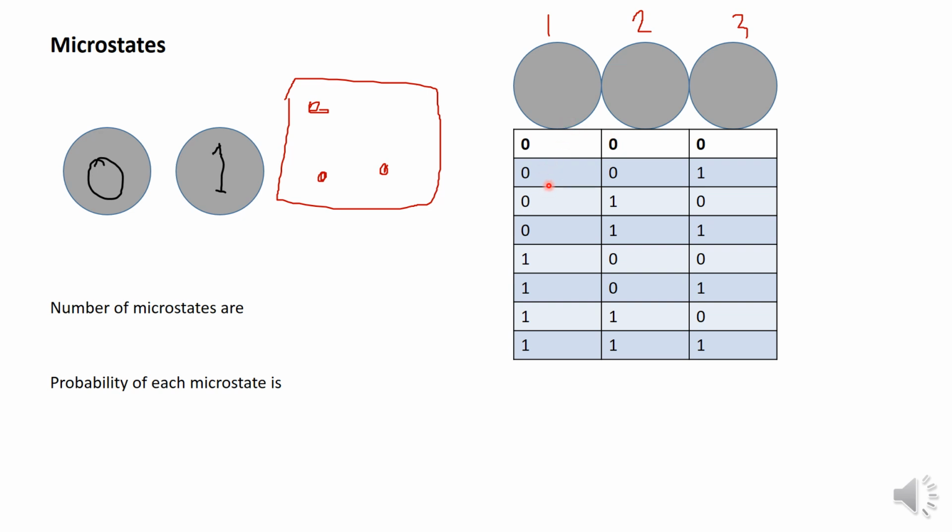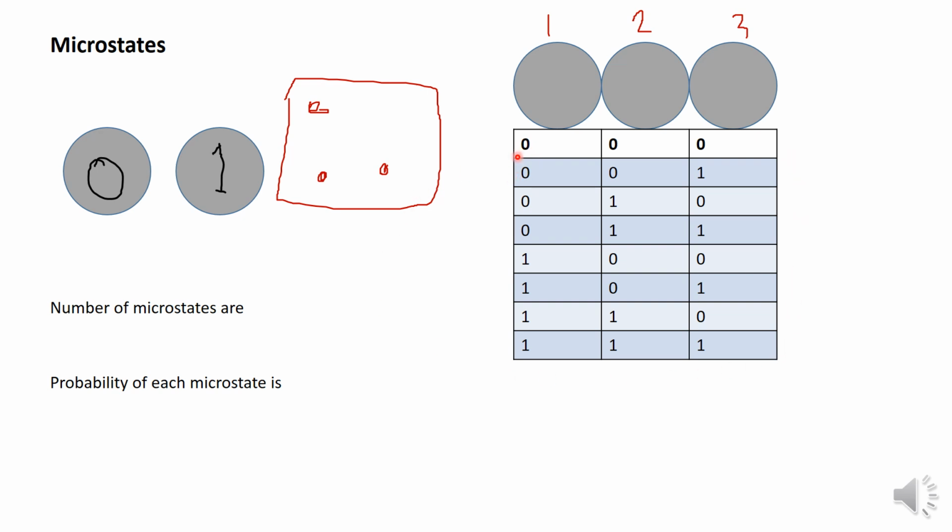Another is that particle 1 has velocity 0, particle 2 has velocity 0, but particle 3 has velocity 1. All possible states are microstates of the system that a system can have.